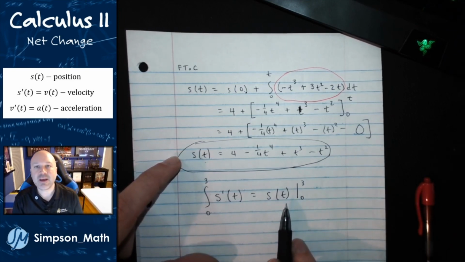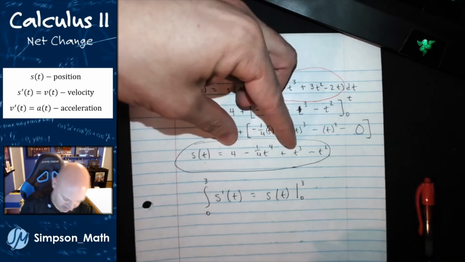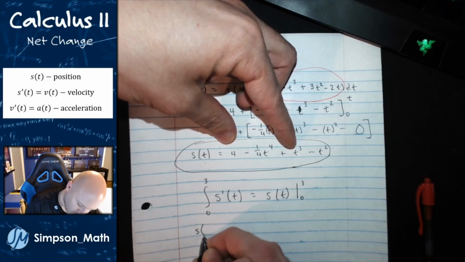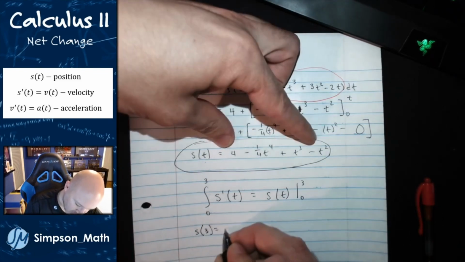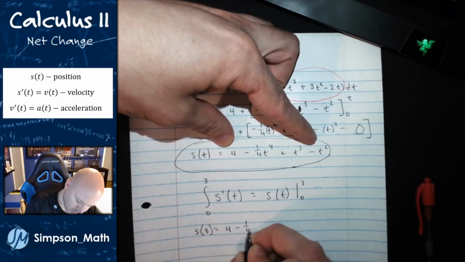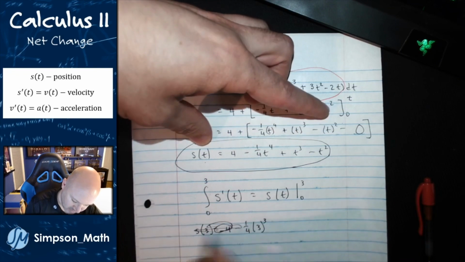I just need to plug in a 3, and I need to plug in a 0. I'm going to use this version right here. Plug in a 3. I don't want to use this initial stuff.